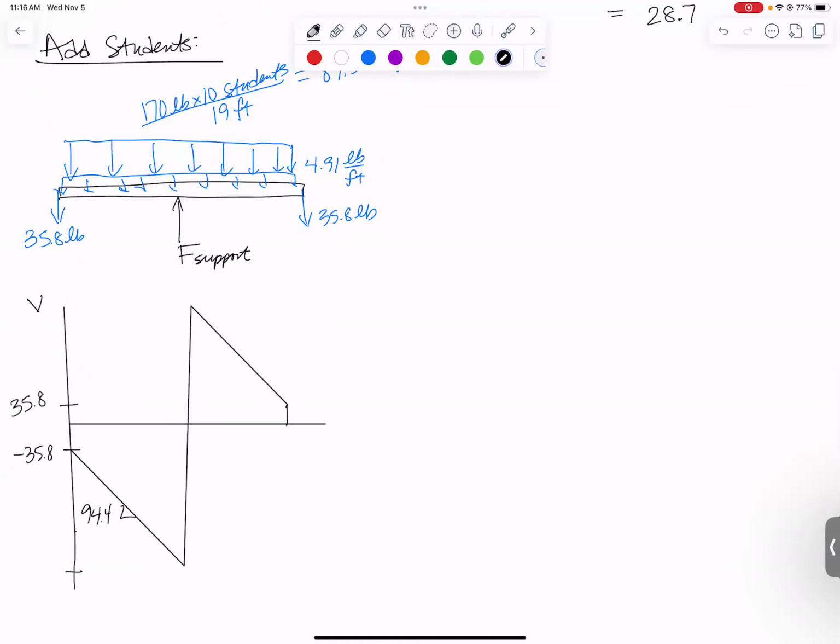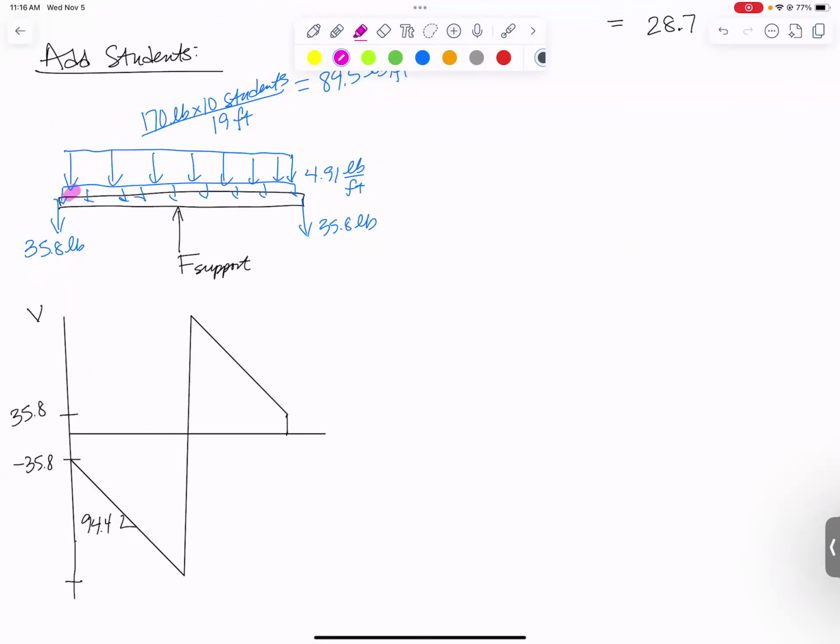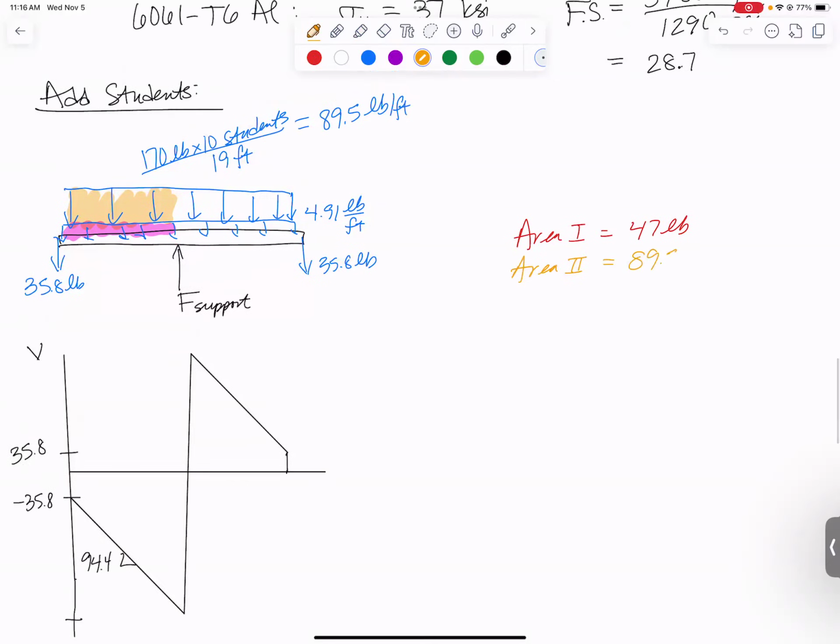To figure out how far down we're going to end, let's actually do the math. We've got this piece and we've got this piece. We're going to add them both. So if we do area 1 was still 47 pounds, but now area 2 is 89.5 pounds per foot times half the length of the beam, but we're just going to call the beam approximately 19 feet, so that'd be 9.5 feet.